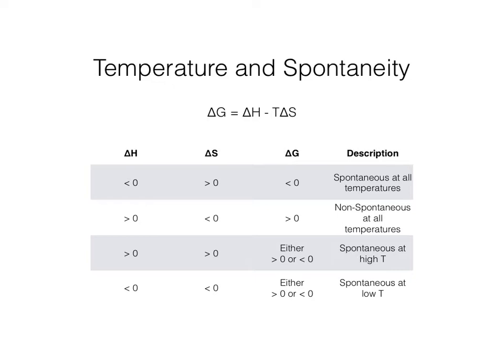So if we have delta H less than 0 and delta S greater than 0, so it is an exothermic reaction and the entropy of the system increases, we have a negative delta H minus a positive value, which means a negative with another negative, so delta G is always going to be negative.